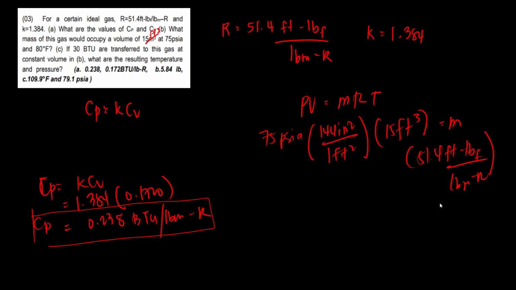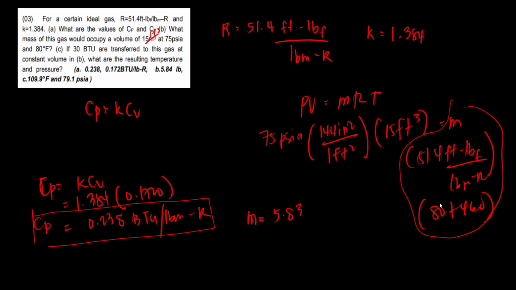And syempre ang temperature natin is equivalent to 80 plus 460. Okay, multiply yan. Okay, so ang mass na sagot dito is equivalent to 5.8366 pound mass. So another final answer. Okay, correct pa naman so far.